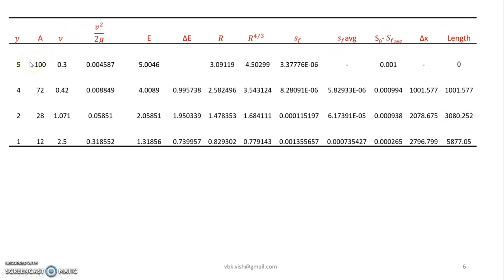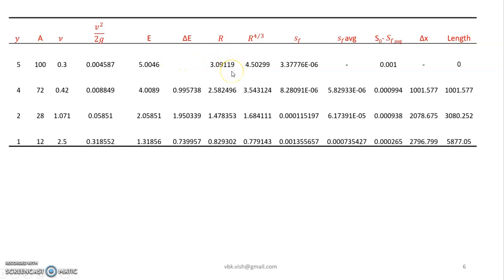Say y equals 5 meters, the depth of flow is 5 meters. Now, based on that, area would be 100 meters square. The discharge divided by area would be the velocity, v square by 2g is this. Energy is calculated as v square by 2g plus y, 5.0046. Delta E has no value for the first trial.